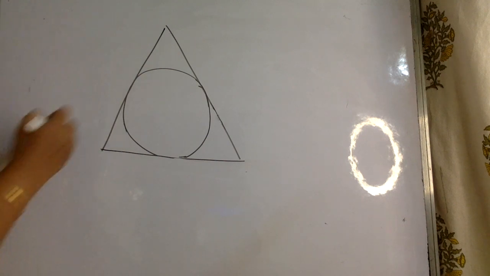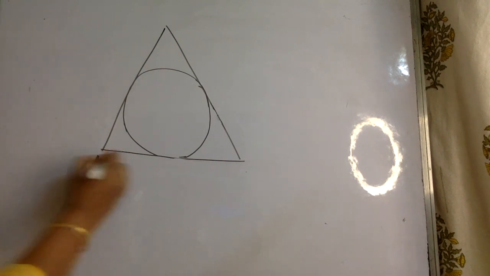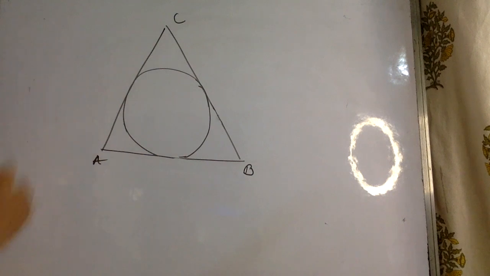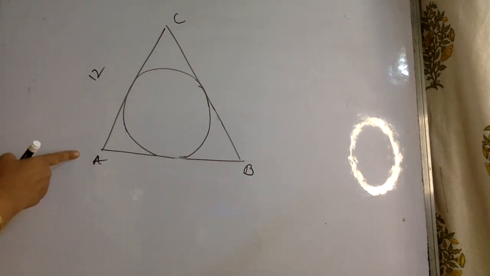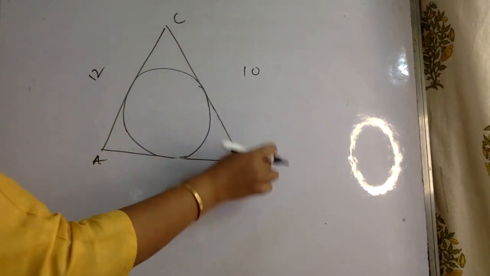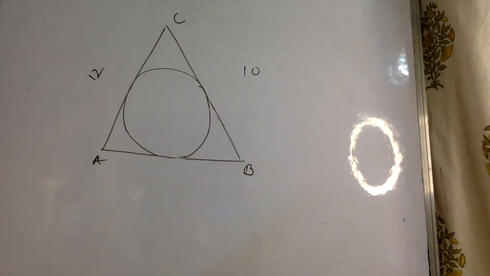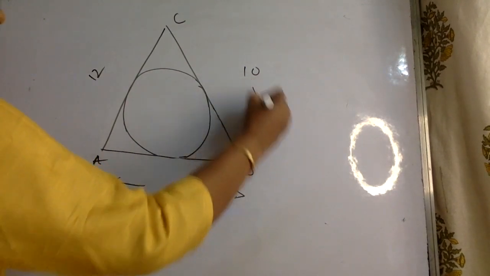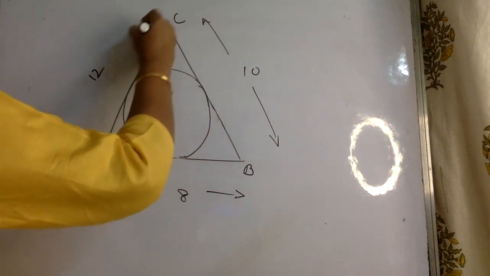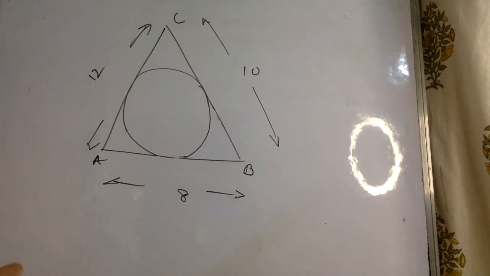Where this side, okay, let me name it also. This triangle is ABC and we have a circle inside. This side, that is AC, is given as 12. The other side, this one, full length, has been given as 10, and this length has been given as 8. I'm writing it all at distances so that there's no confusion when I write down something else on the figure.